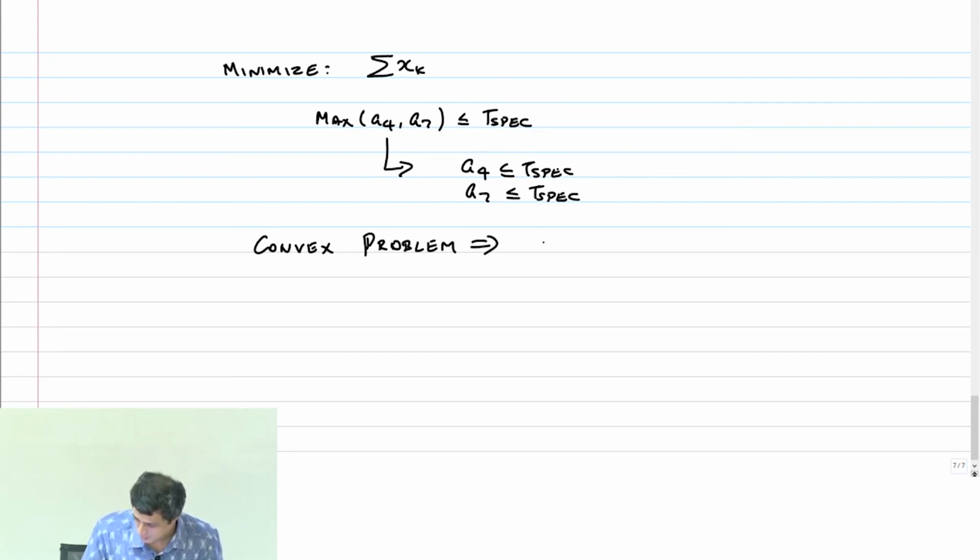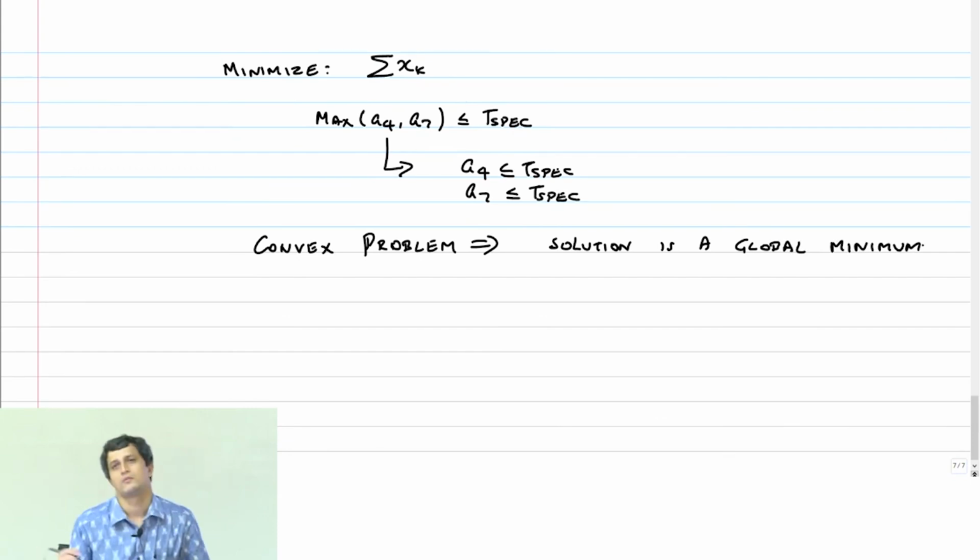Implies the solution is a global minimum, right? That's the question you asked me long back, saying in path delay, how are you sure that it's optimal? It's also the same thing. It's a geometric programming problem and the solution is guaranteed to be an optimal product.